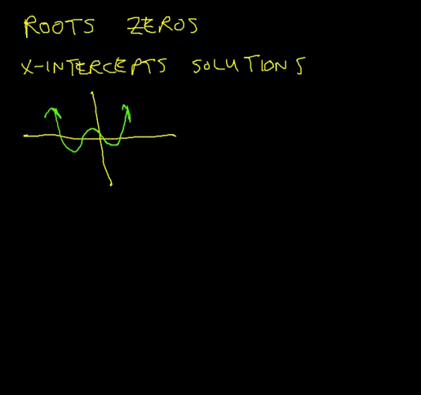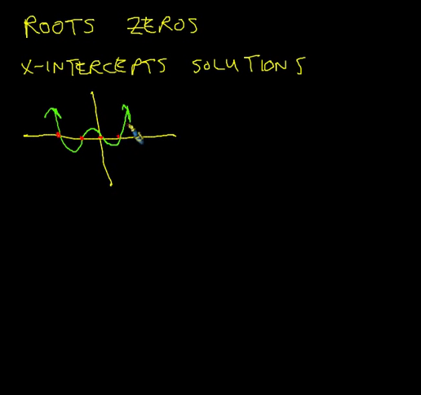It has one real root, 2, 3, 4 roots, also known as zeros or x-intercepts, and so as a result, we could say that it's very possible that this could be a fourth degree polynomial. And since I see that there are no other x-intercepts, I'm pretty sure this is a fourth degree polynomial.